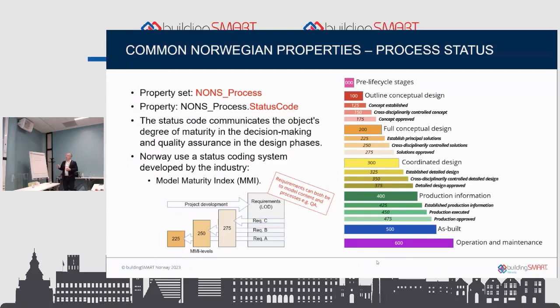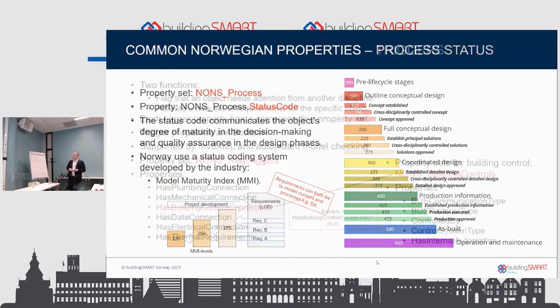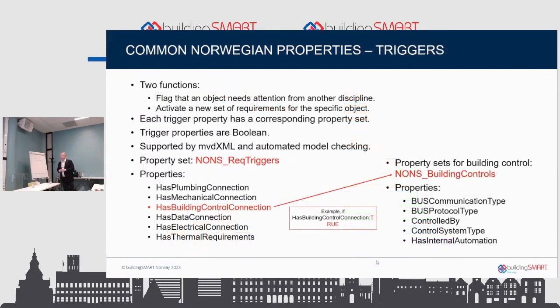But the process status as such, not the specific process status system called MMI, Model Maturity Index, is identified both as part of the process property set and as a status code. And you just use the code. You don't say, for example, MMI 100 or anything. It's just the code. So it's directly in relation to another standard.